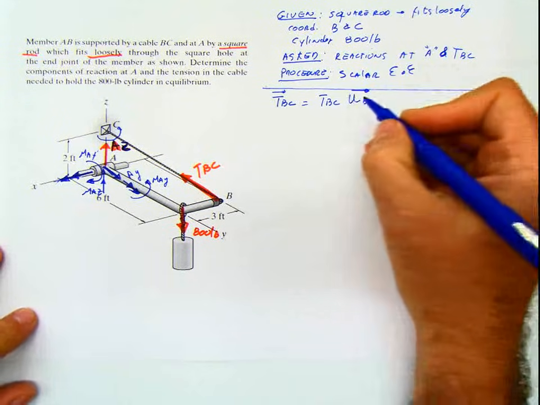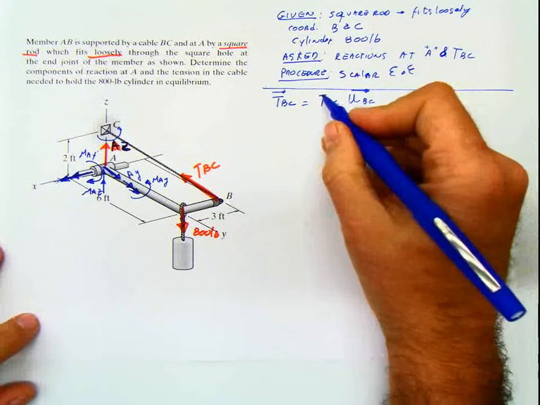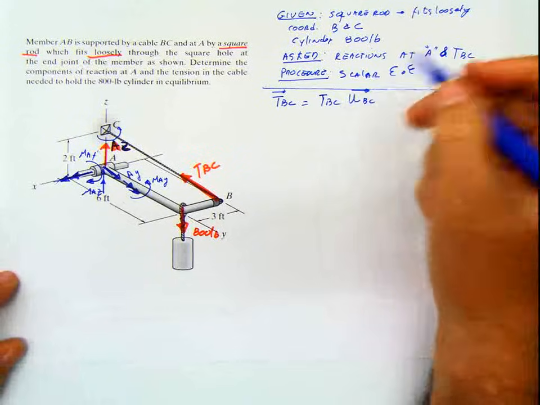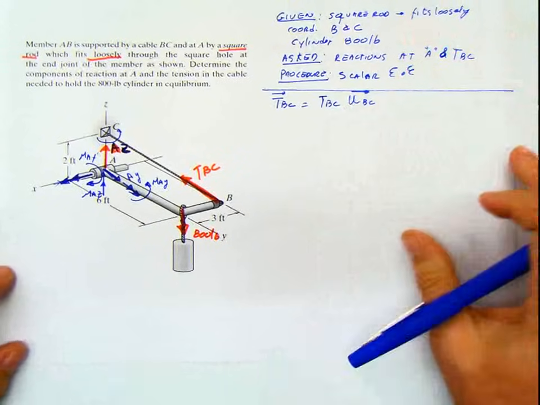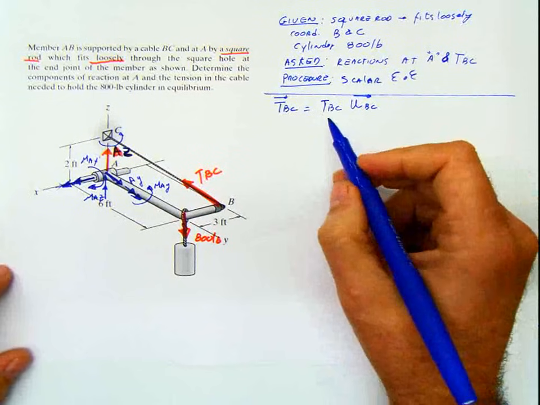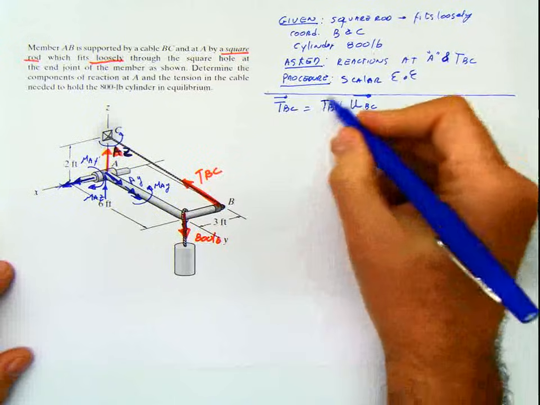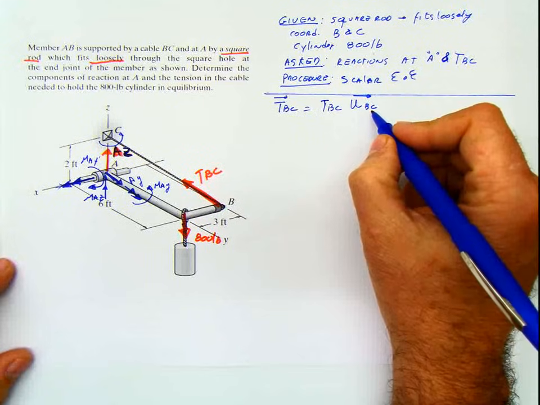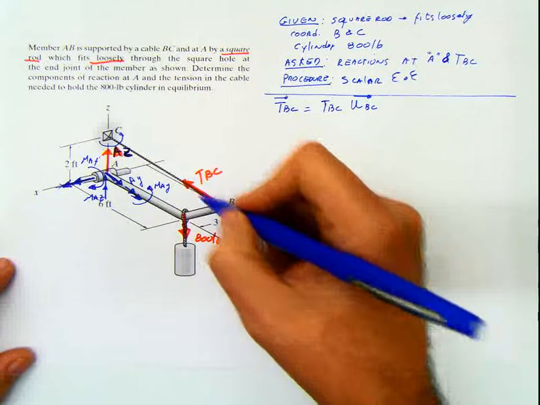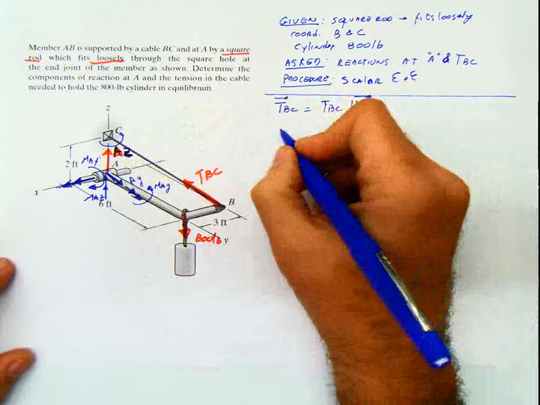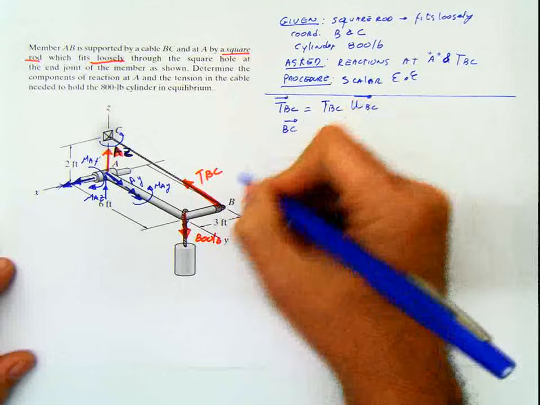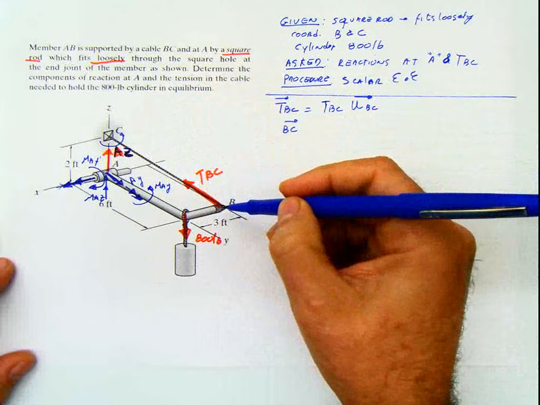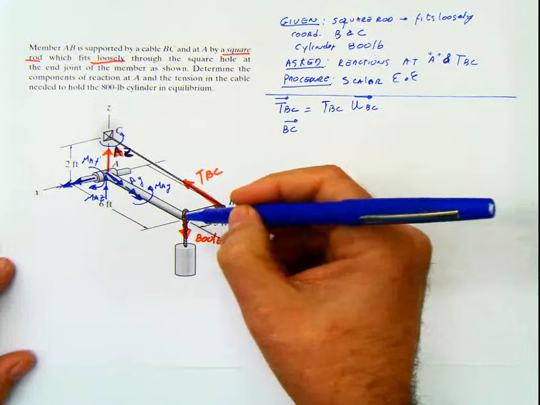We have been doing that forever, so I hope you are an expert at expressing vectors with the magnitude and the unit vector. The first thing that we need for the unit vector is getting the position vector and dividing it by its magnitude. What is the position vector? Position vector BC. Well, if I have to go from this point to this point, basically I'm gonna go in the x direction 3.